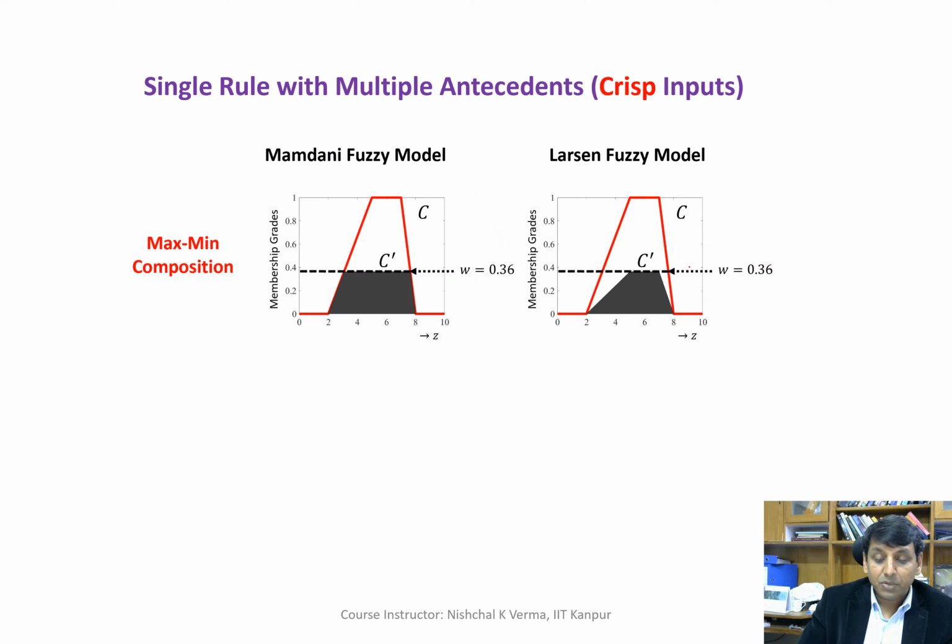So now let us compare this Larsen fuzzy model output for the input that we have supplied with the Mamdani fuzzy model. We see here that for max min composition we get, in the Mamdani fuzzy model, a truncated fuzzy set, whereas in the Larsen fuzzy model we get the scaled down fuzzy set.